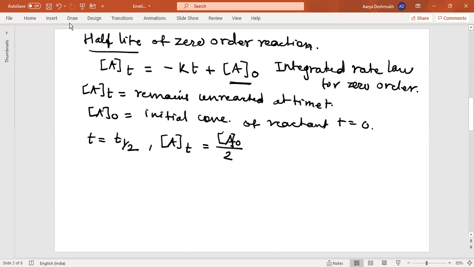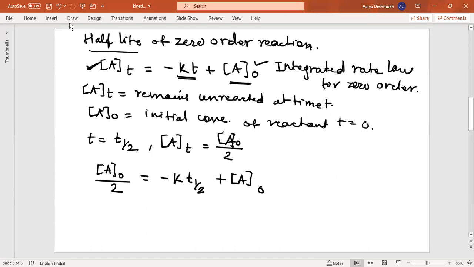By substituting these values in the equation, instead of [A]t you can write [A]0 upon 2 equals minus K times t half plus the concentration of A at 0 time.